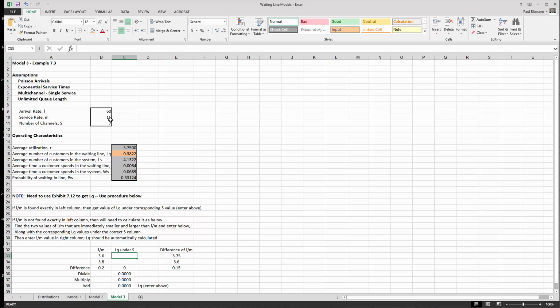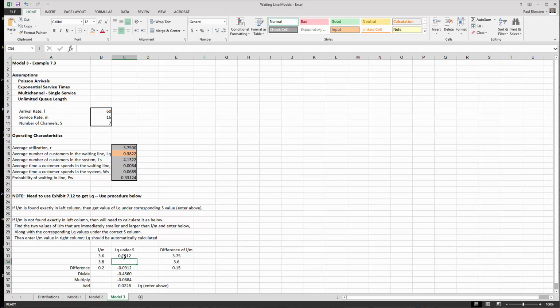So for example, for 7 servers up here on top, I go down the lambda over mu column, and I find 3.6. I go across till I find the number of service channels for 7, and that number is equal to 0.0912. I put that number in there, and the other numbers don't make sense yet.